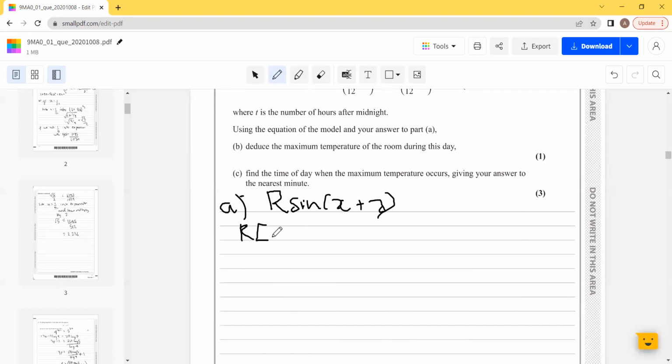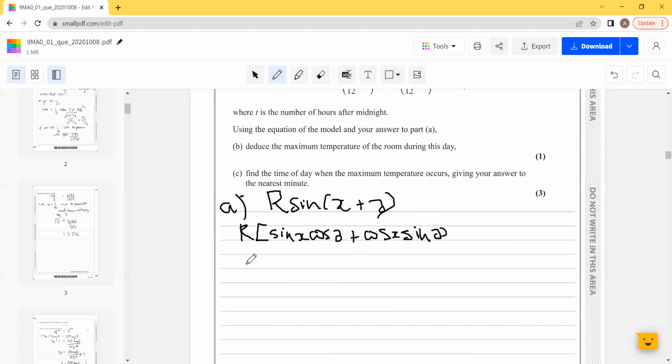Now, we know what the expansion of sine of x plus alpha is. So it's sine of x cosine alpha plus cosine of x times the sine of alpha.